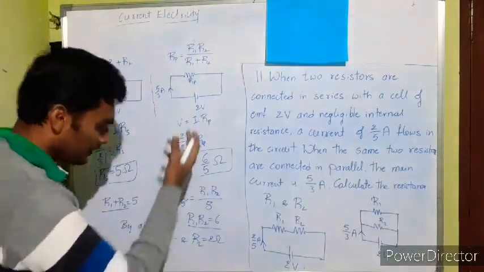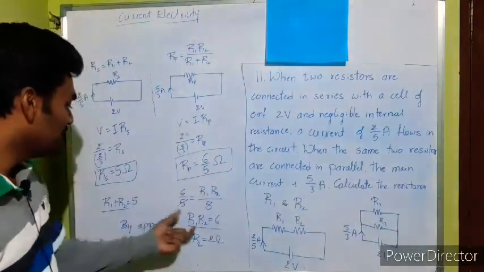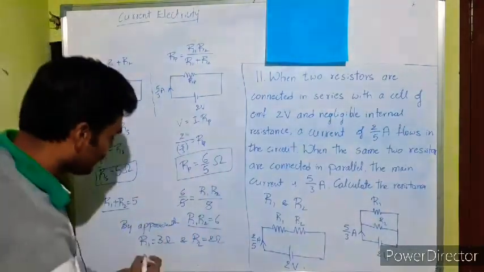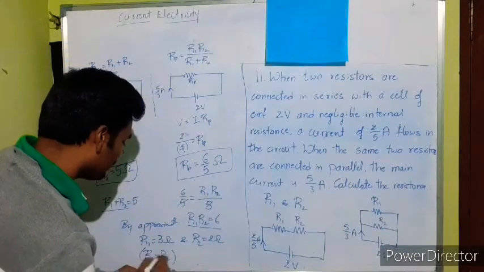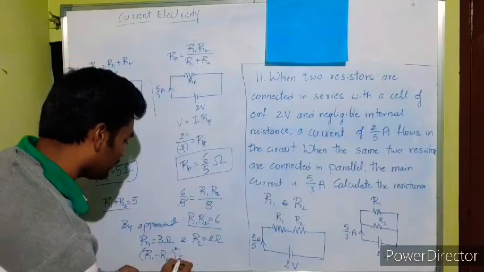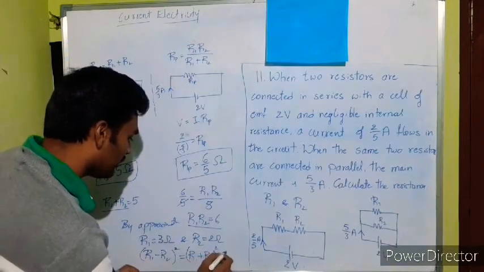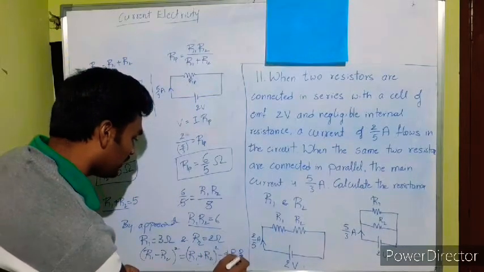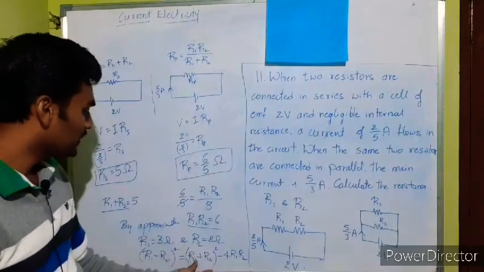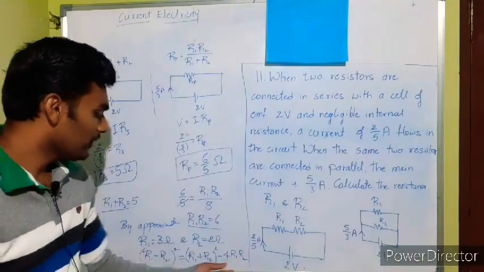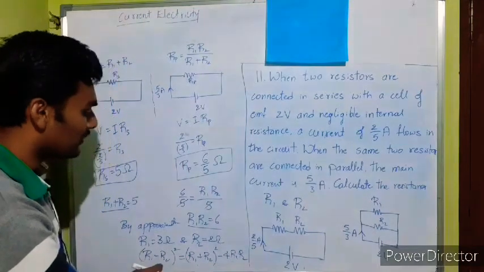But if you don't get this kind of easily available values, then you can go for finding R1 minus R2 using the formula R1 minus R2 whole square is equal to R1 plus R2 whole squared minus 4 R1 R2. Using this, you put R1 plus R2 value here, R1 R2 value here, square this and simplify. After taking the square root, you will get R1 minus R2.